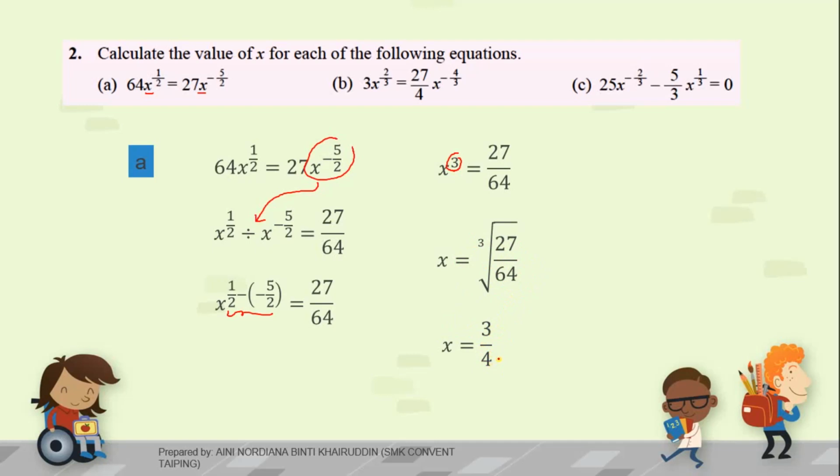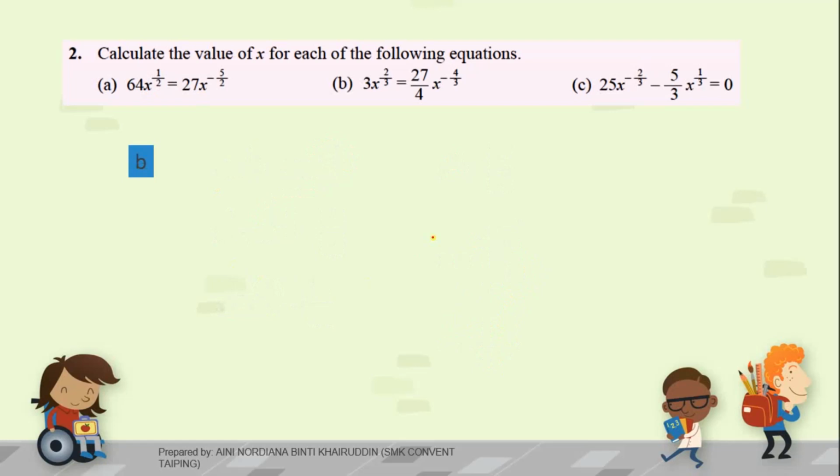Question B. This is the question. So we use the same method as A. Here is x to the power of 2 over 3. Bring here to the left hand side, become divide. 27 over 4 divided by 3.